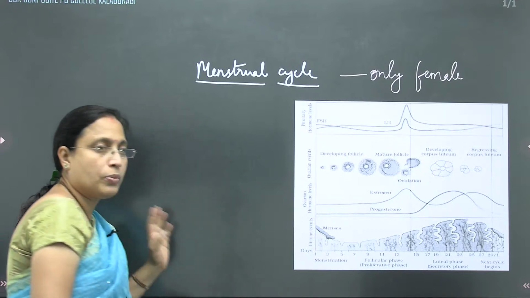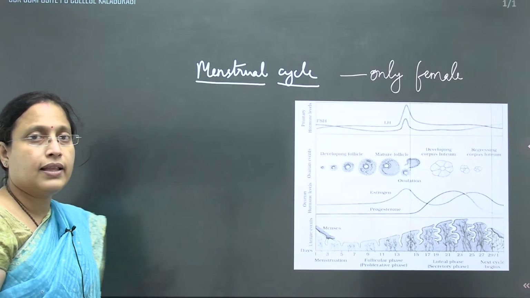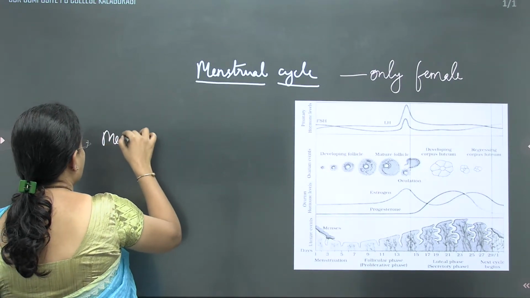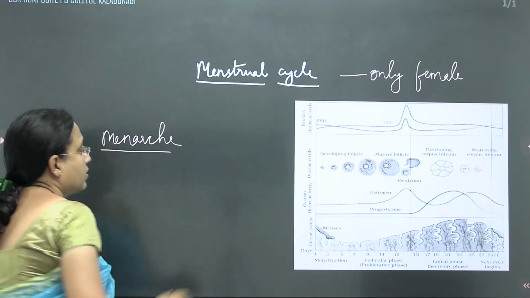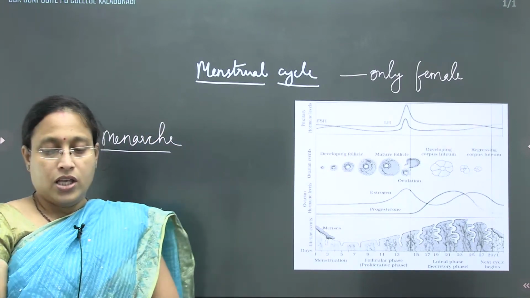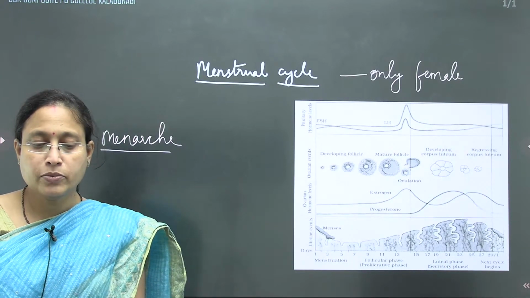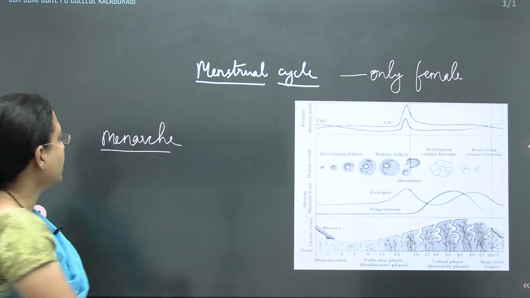First time during puberty, when menstrual cycle begins or when menstruation begins, that phenomenon is called menarche. What is menarche? Menarche is the first menstruation that begins during puberty.